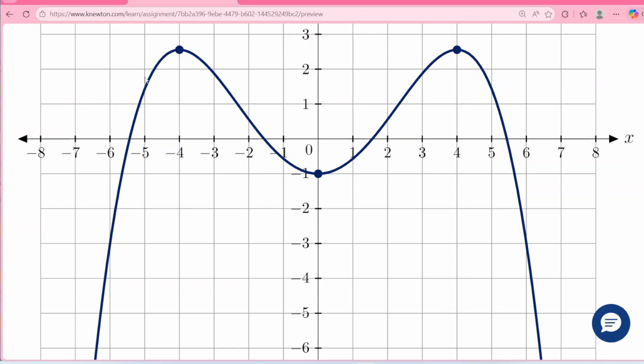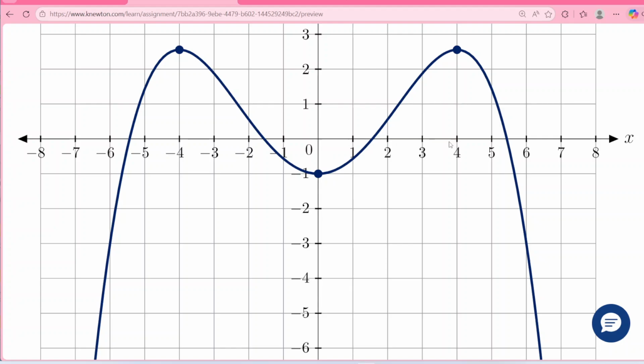So the graph will be concave up on that interval. Now from -4 to 0, that's an interval where f prime is going down, right? The value of f prime is decreasing. So again, f prime is decreasing, meaning f double prime will be negative and f will be concave down. So this is one interval from -4 to 0.